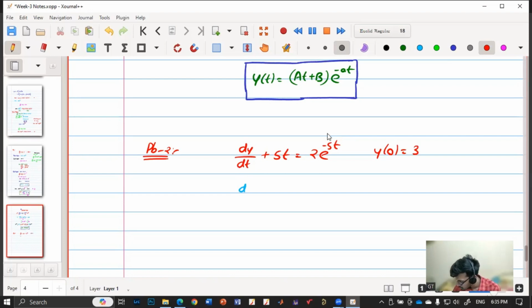This is not t, this is y. So this is similar to dy by dt plus ay is equal to a into e to the power minus at, right? So now what will be the solution?